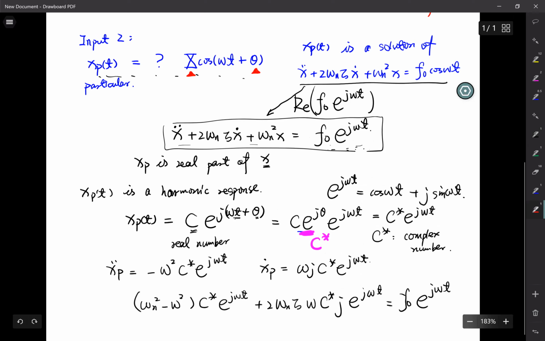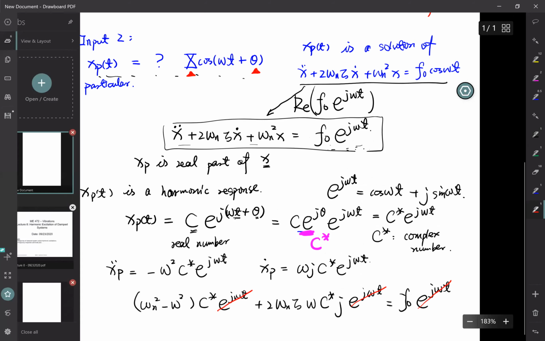These equations should be true for every time t. So you can find that e^(j omega t) is your common term.